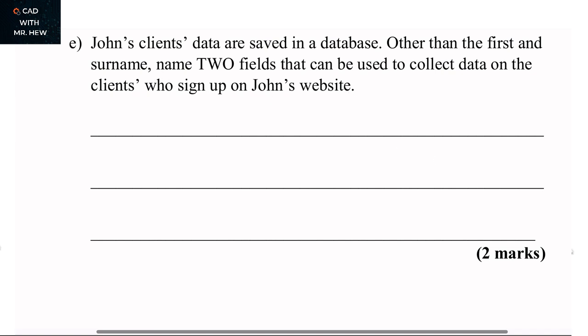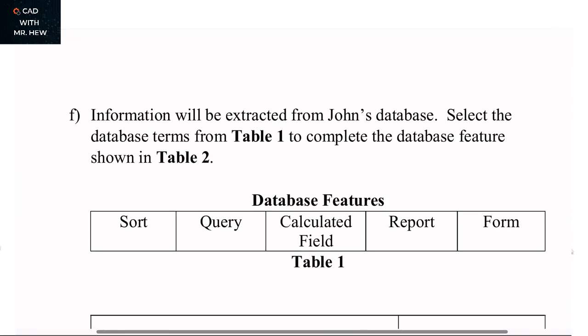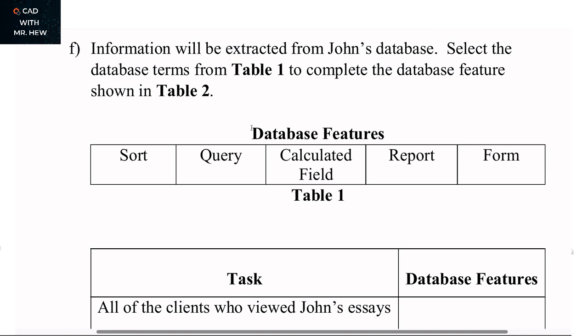And this question is worth 2 marks. 1F. Information can be extracted from John's database. Select the database terms from Table 1 to complete the database feature shown in Table 2.